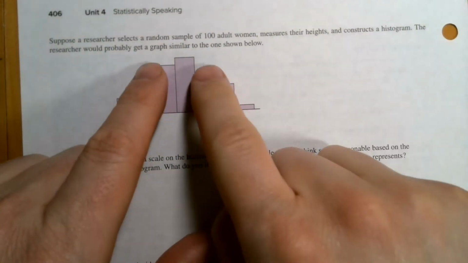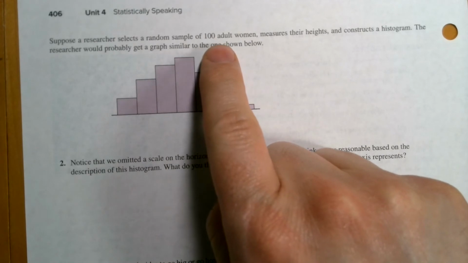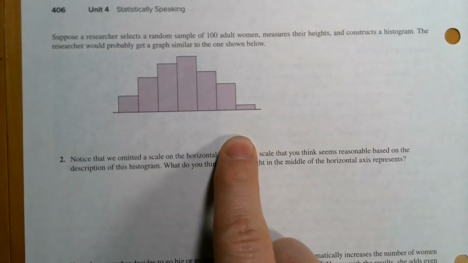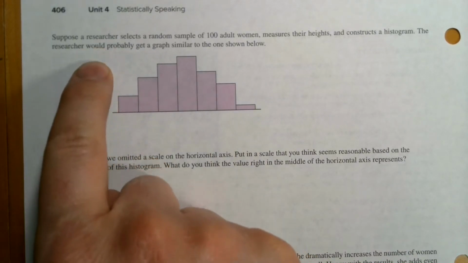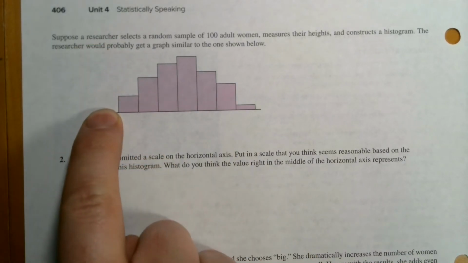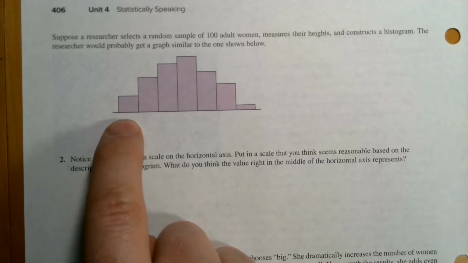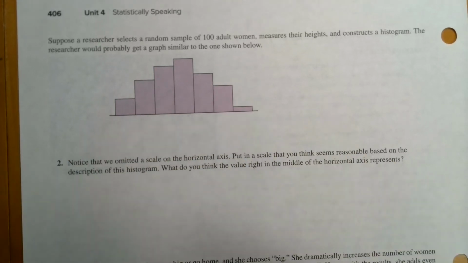So suppose a researcher randomly selects 100 adult women, measures their heights, and here's a histogram. Remember what a histogram represents. The y-axis is the frequency, meaning the number of women that are at a height between whatever these two numbers are. So we didn't put a scale here. He did that on purpose. He wants you to think what it might be.